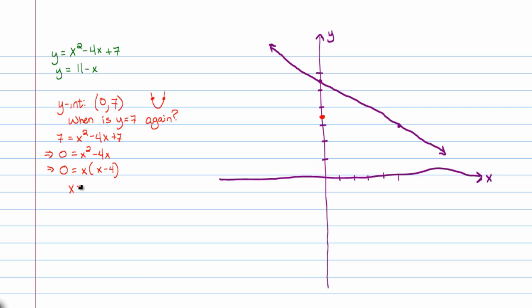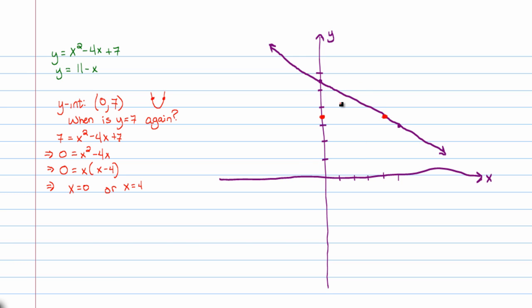So either x is 0 or x is 4. And remember, this is answering the question, when is y 7? Well, y is 7 when x is 0 or x is 4. 1, 2, 3, 4. Height of 7 as well.